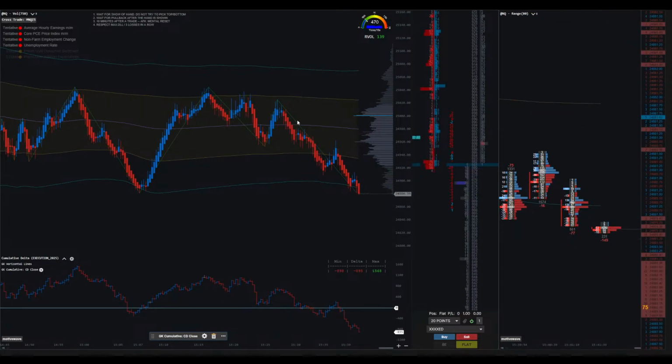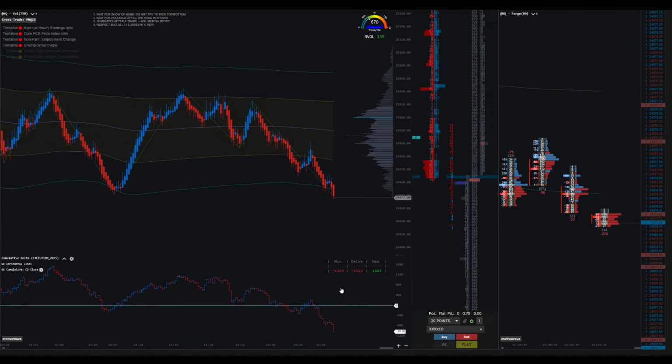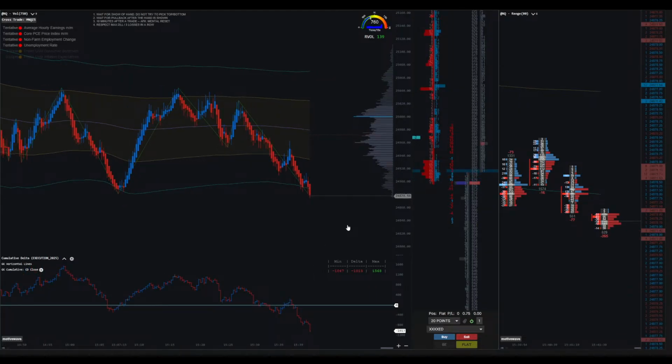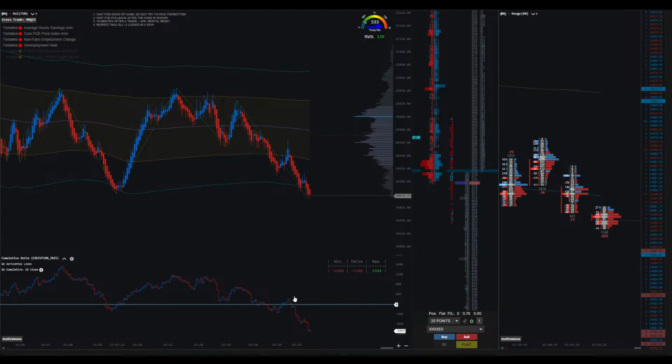Big sell. Ooh, it's a nice stop run. Yeah, sellers are pressing. Not picking any bottoms. You have to wait for some sort of... I mean, technically I'm more bear biased now.